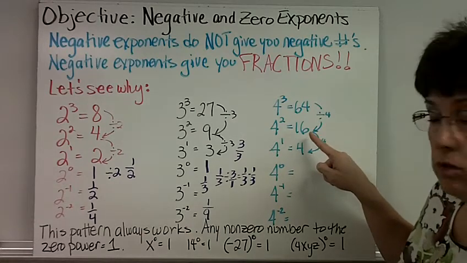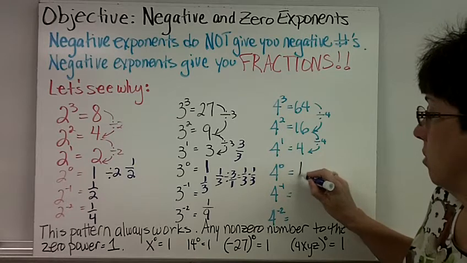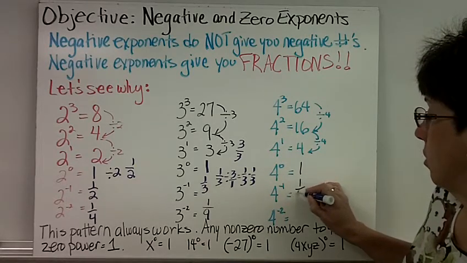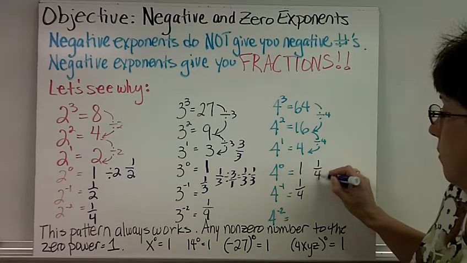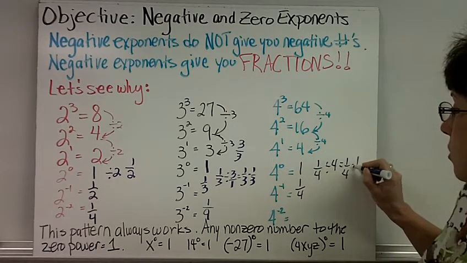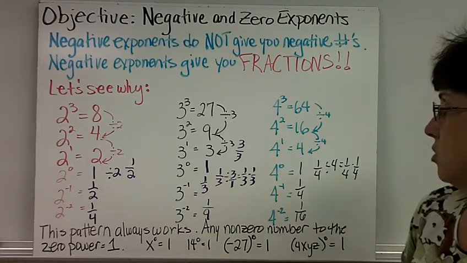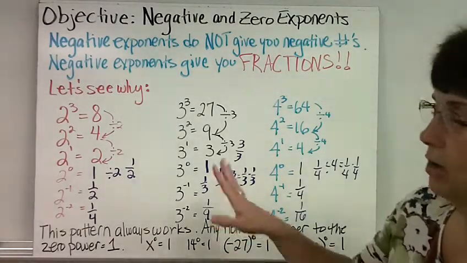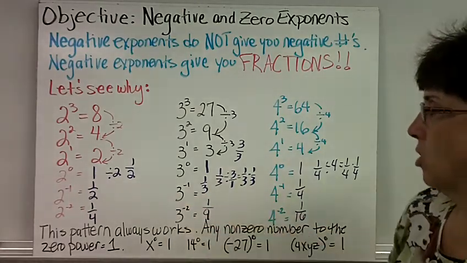If you look at the numbers also, divide by 4, divide by 4. 4 divided by 4, 1. 1 divided by 4, 1/4. 1/4 divided by 4 equals 1/4 times 1/4. So that's 1/16. So you can see how, if we follow the pattern, and mathematics is all patterns, well not all, but a lot, that our negative exponents are just giving us smaller numbers.